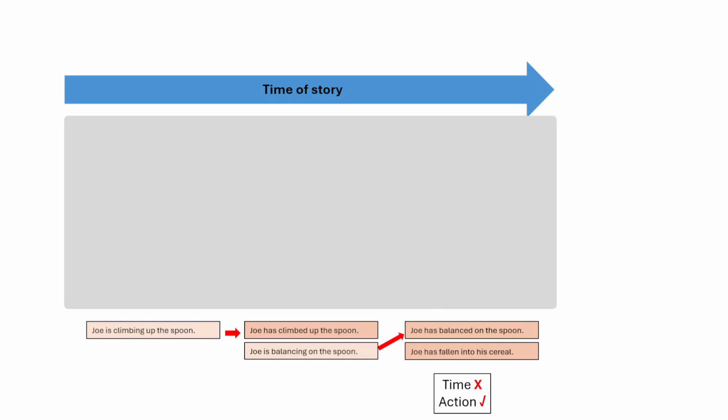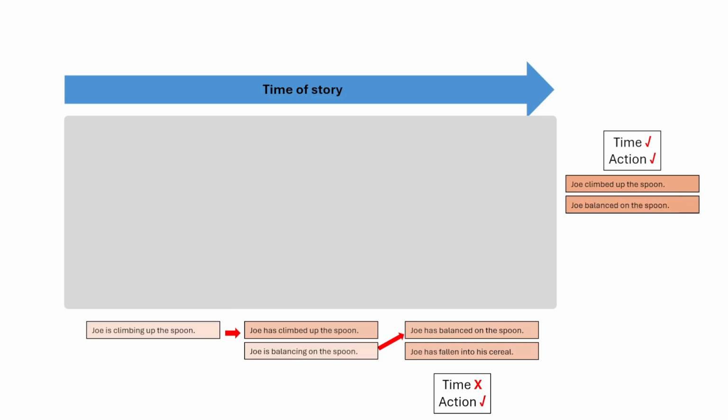Now that the story is completely finished, the time is finished, and the action is finished, we no longer have the has with the d. We just have the d. So Joe climbed up the spoon, Joe balanced on the spoon, and Joe fell into his cereal.